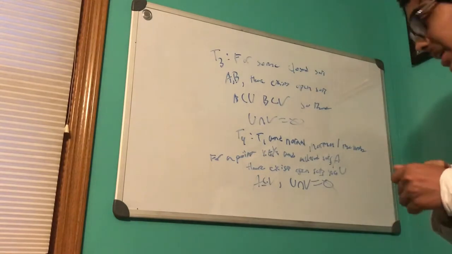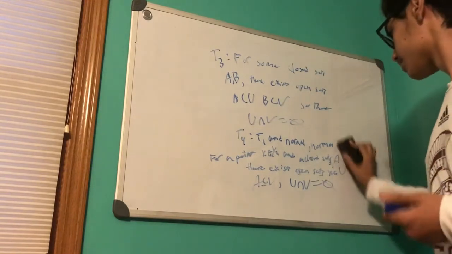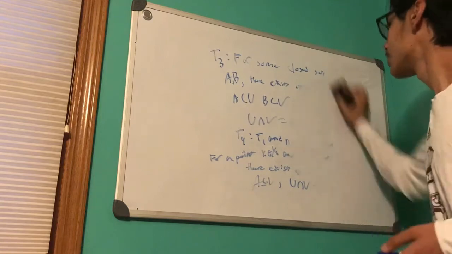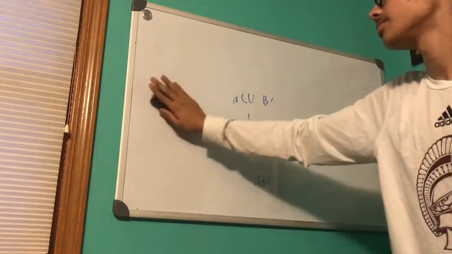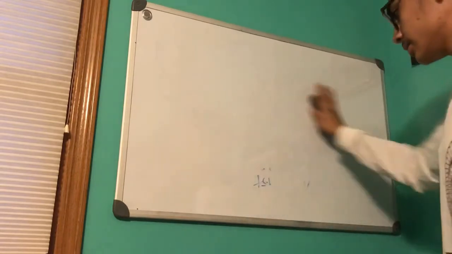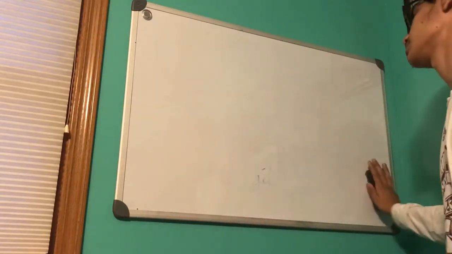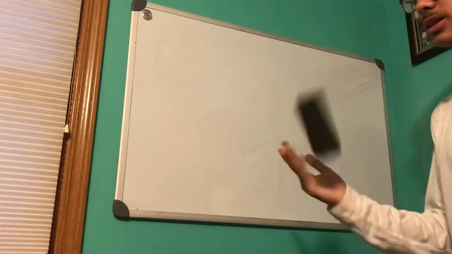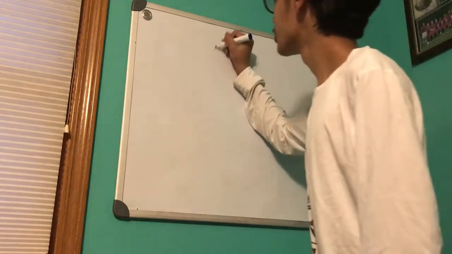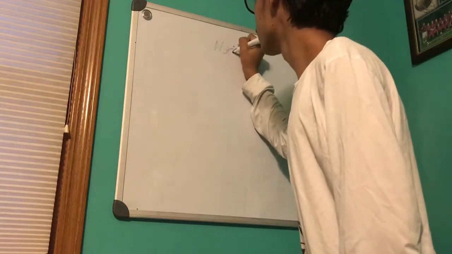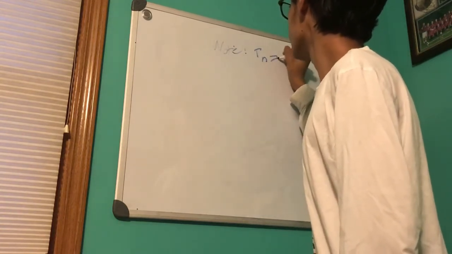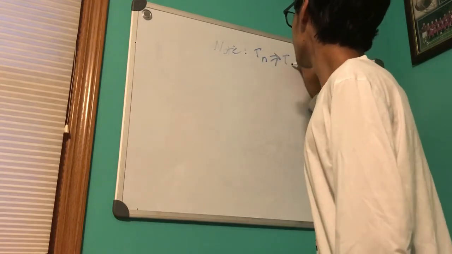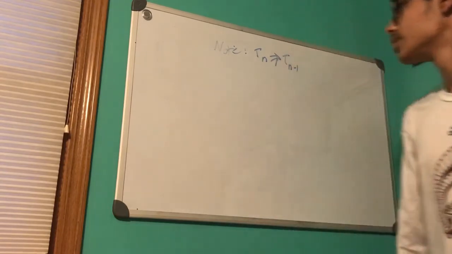Actually, something you might have noticed is that T1 implies T2 implies T1, T3 implies T2, and so on. So you can sum this up in one quick statement: Tn implies Tn minus 1.